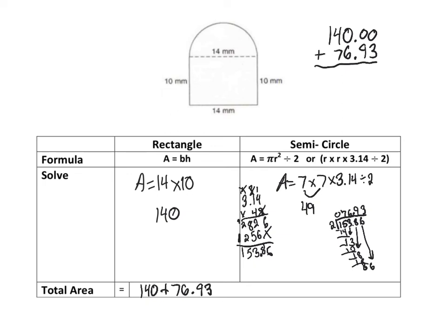Now we can add. 0 plus 3 is 3. 0 plus 9 is 9. Bring the decimal straight down. 0 plus 6 is 6. 4 plus 7 is 11. Carry the 1. 1 and 1 is 2. So we get the area being 216.93 millimeters squared. Again, we are still finding area, so the units have to be squared.